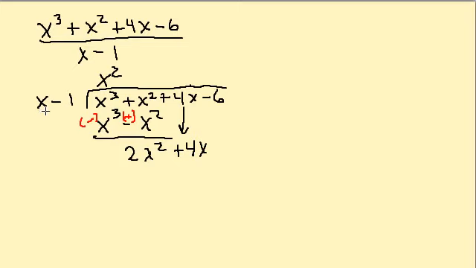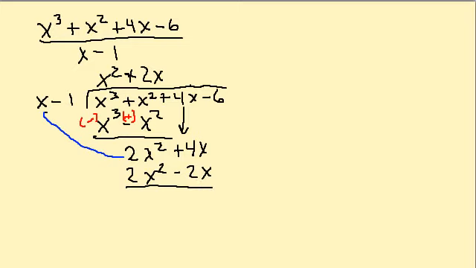Now we want to know, what can we multiply to x to get 2x squared? Well, that's 2x. So then we take the 2x and we multiply it times x minus 1. So 2x times x is 2x squared. 2x times minus 1 is minus 2x, and then we subtract.